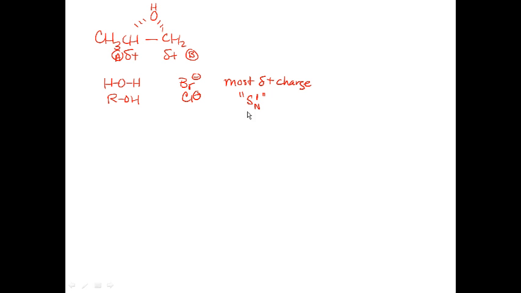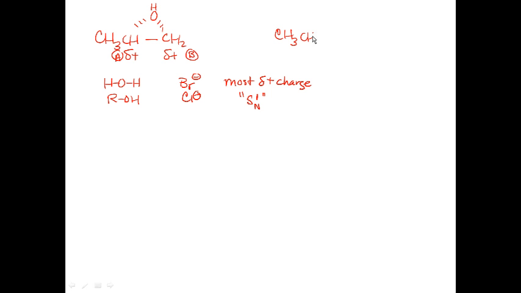And that's going to give them a mechanism that is, in quotes, SN1-like. So which of these two carbons, A or B, has the greatest delta positive charge? Well, it's going to depend on how many alkyl groups are attached to each carbon. If I was to make carbon A a pure carbocation, it would look like this.